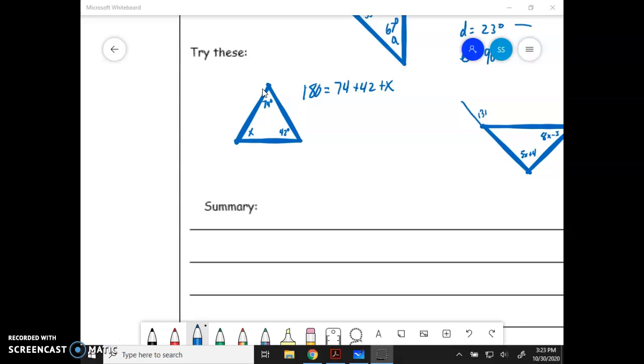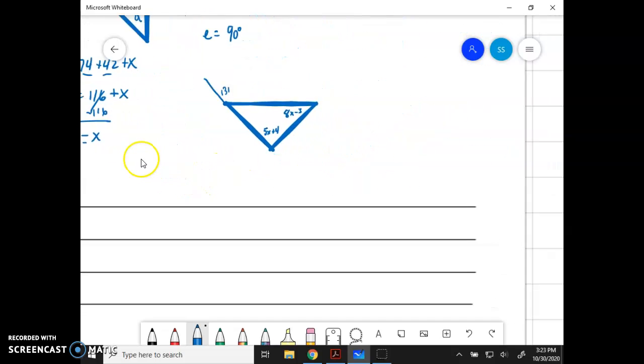We combine these like terms, get 116 plus X is equal to 180. Subtract 116, do it to one side, got to do it to the other side, and I'm left with X equals 64 degrees.